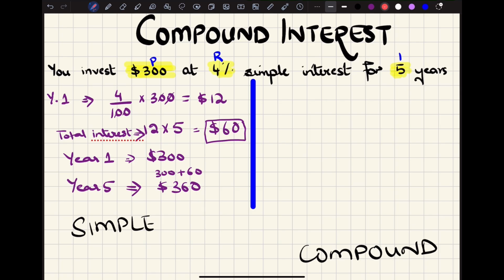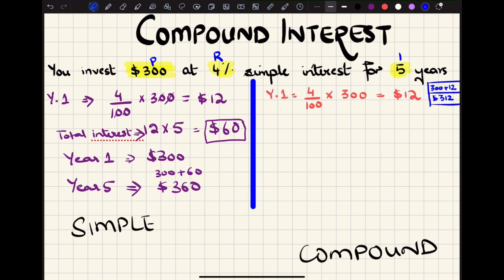So in year one, you're going to get 4% of 300, which is going to be $12. So now what is the amount that you have in your bank at the end of year one? It's going to be 300 plus 12. So you have $312 in your bank, right?